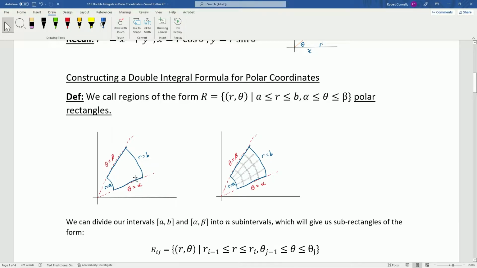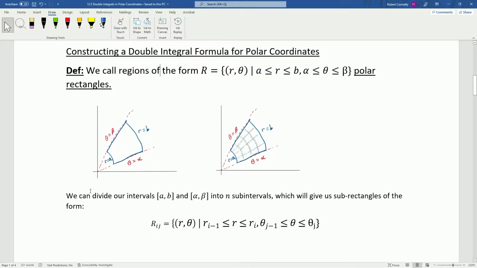Obviously, it's not an actual rectangle, but we describe this in polar coordinates in the same way we describe a true rectangle in Cartesian coordinates. Each variable is just between two constant values. So we can divide these intervals, a, b, and alpha, beta, into n subintervals, which give us subrectangles of the following form.